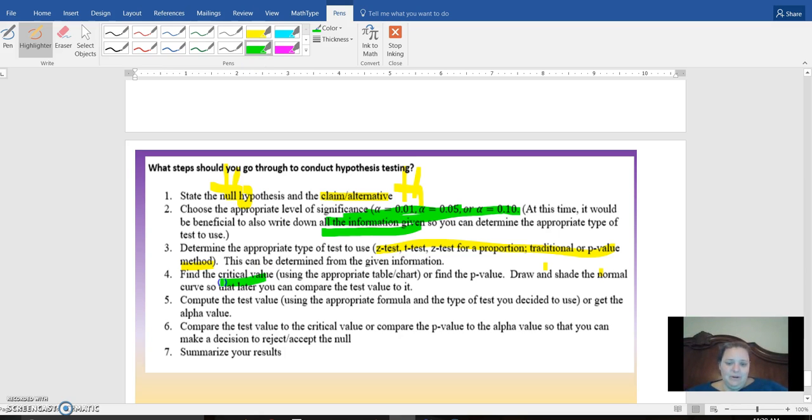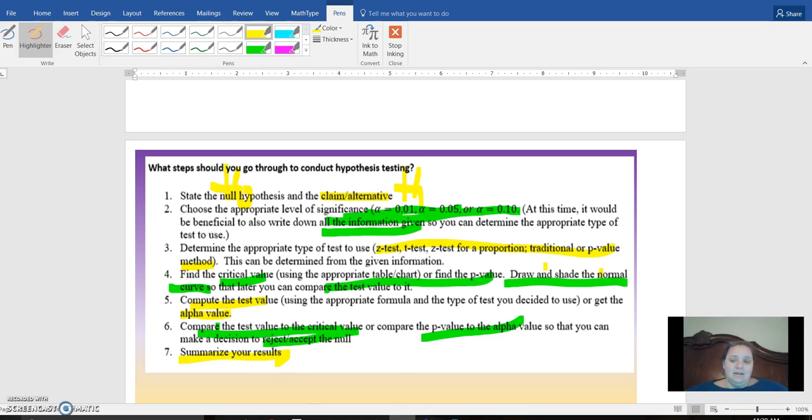Then we find the critical value, using a table or chart, or we find the p-value, and we draw the curve and shade where we need to. Then we do the test value, or if you're doing the p-value, use the alpha. Then we compare those two, or compare the p to the alpha, and decide to reject or accept. Then we summarize and make a conclusion.